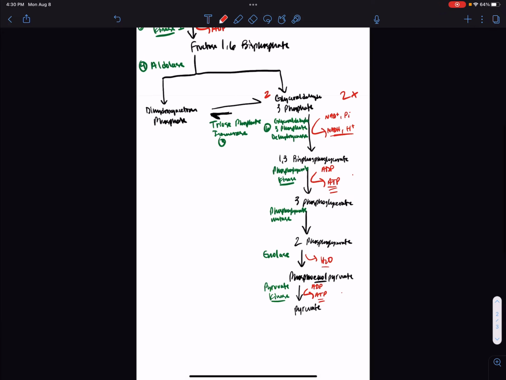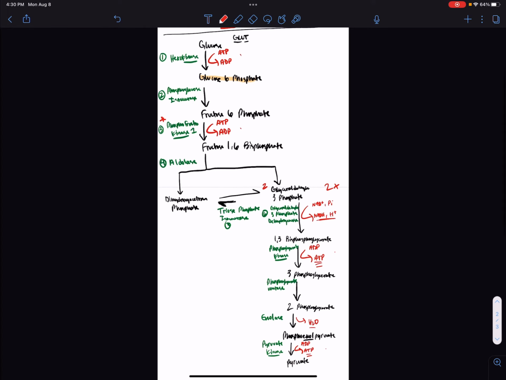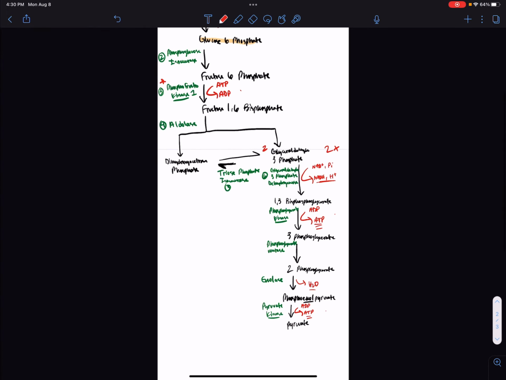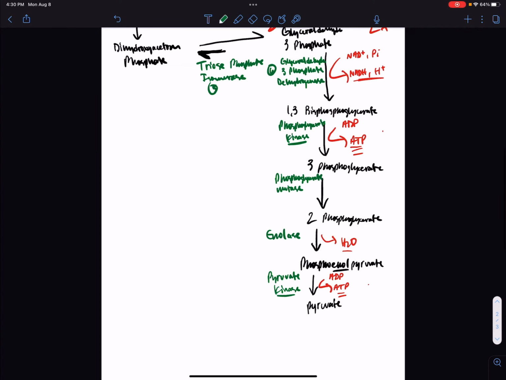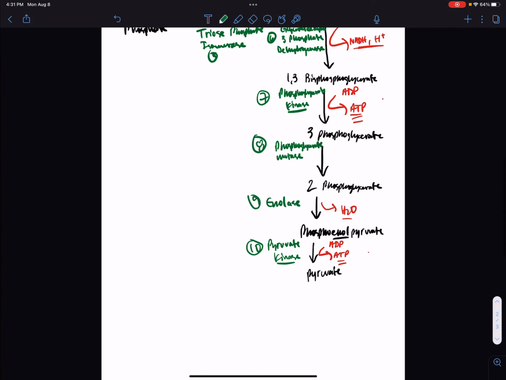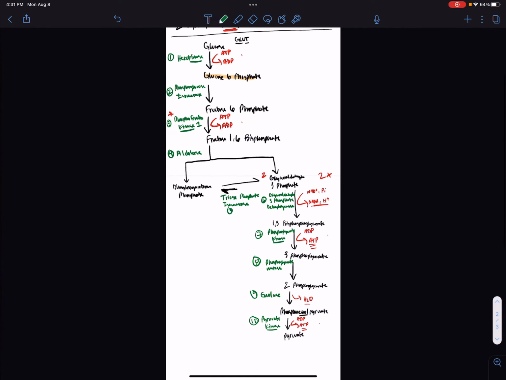So that's everything you need to know, everything you need to remember, names, enzymes, etc. Let me fill in these numbers here. So we've got steps 7, 8, 9, and 10. This is a lot of information. It's a lot that goes into glycolysis, and a lot to remember.